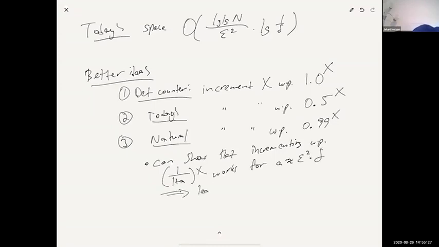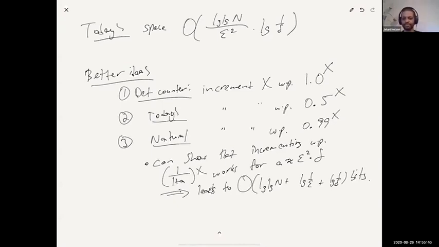And this leads to, if you analyze it carefully, maybe I'll make it a homework problem, memory that looks like log n plus log 1 over epsilon plus log 1 over delta bits of memory.